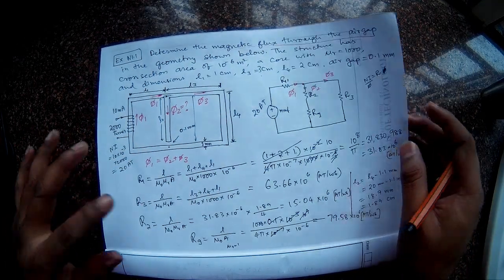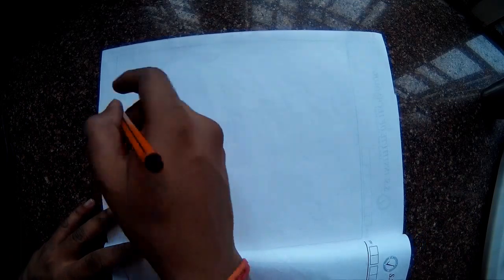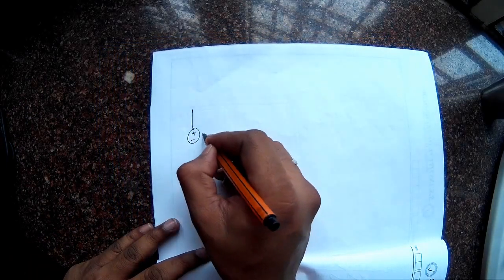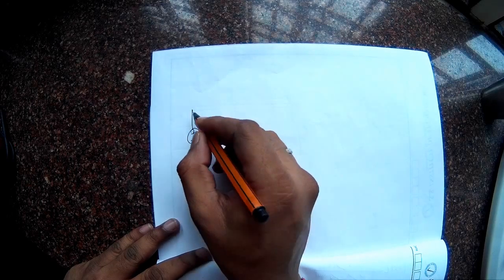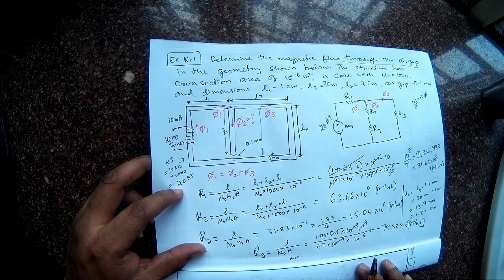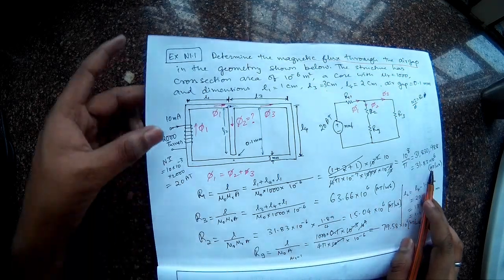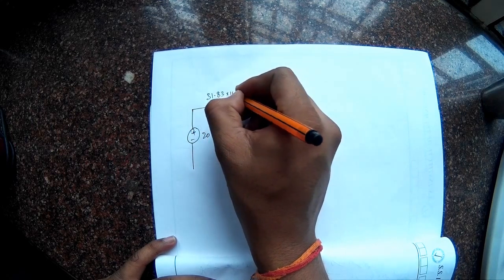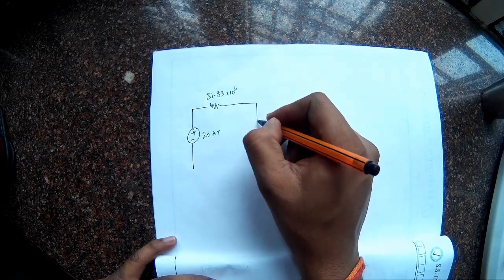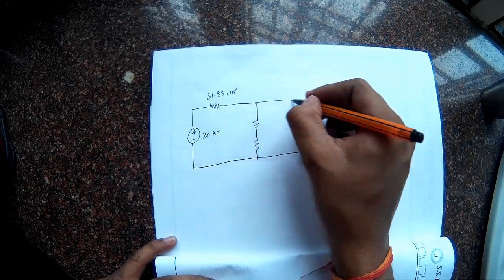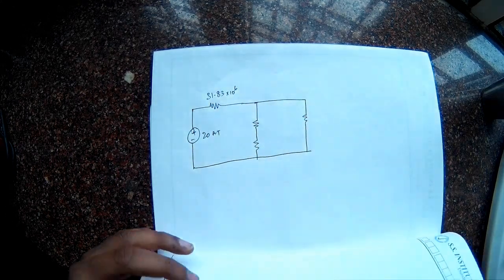So let me take a fresh sheet and then I'll enter this. So I have 20 ampere turns here, and then this one is R1, which is 31.83 into 10 power 6, and here I have two values and here I have one value.